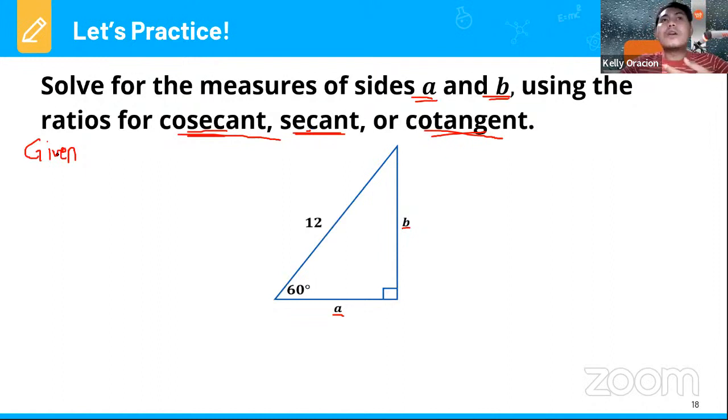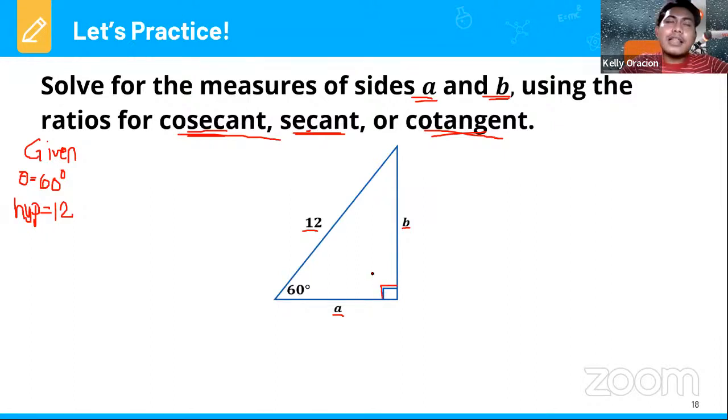So, the given angle theta is 60 degrees. Now, this 12, anong tawag natin sa 12? That is your hypotenuse. That's the longest side. Hypotenuse is the opposite side of our right angle.